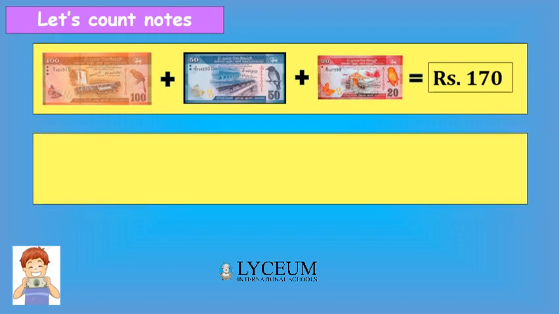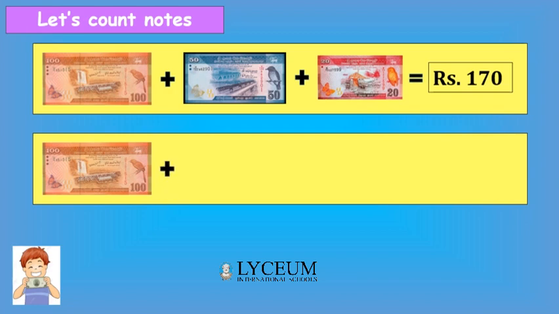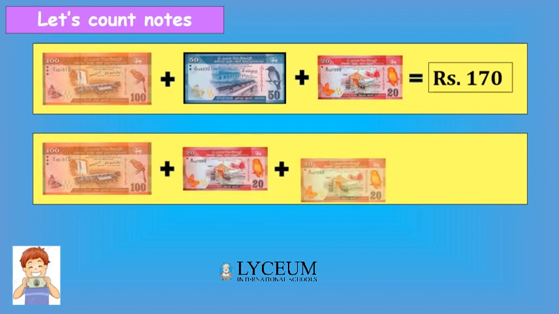Next example, listen carefully children. 100 rupees plus 20 rupees plus another 20 rupees. Now what should we do first? We add the 100 and the 20, the two notes at the beginning.